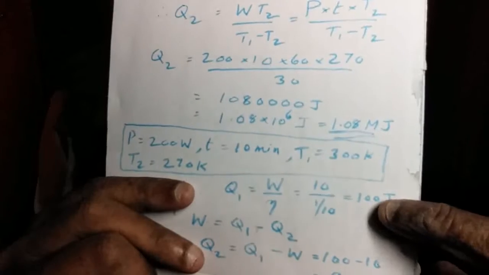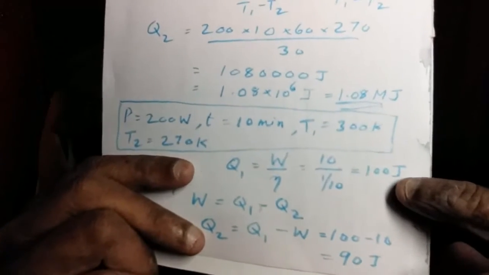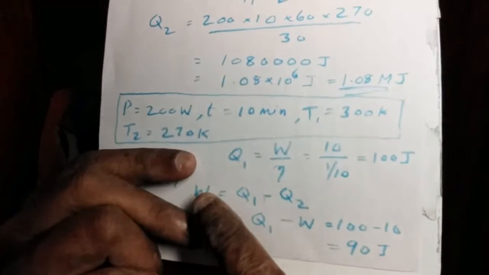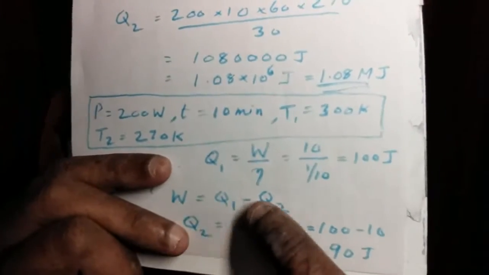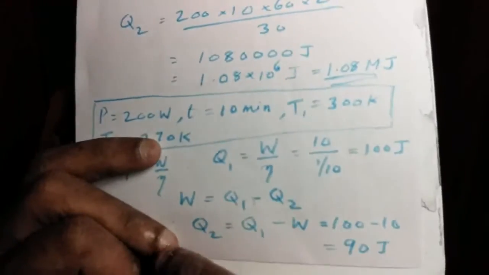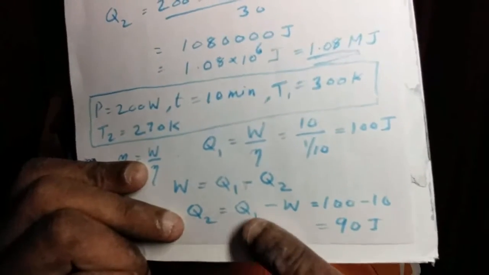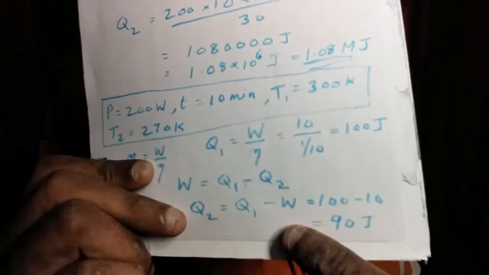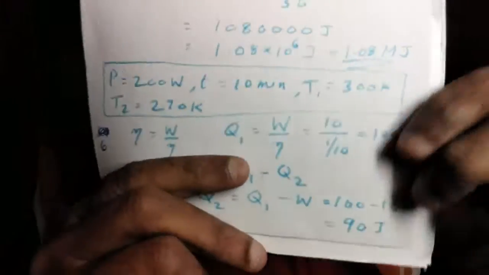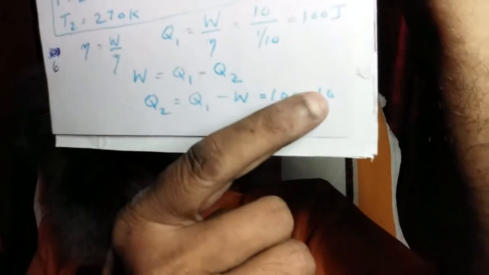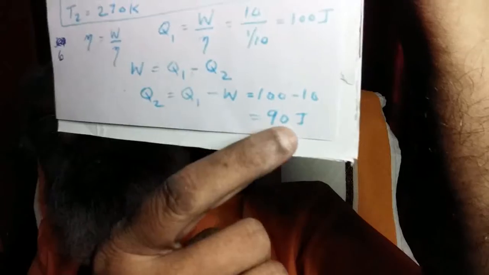So Q1 is 100 joule. Then we know that work is Q1 minus Q2. Therefore, Q2 equals Q1 minus W, that is 100 minus 10 or 90 joule. That is heat from the lower temperature.